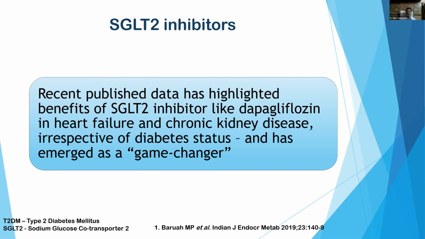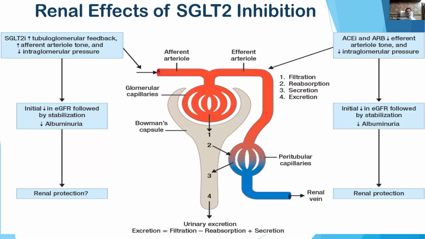So for the renal effects, if you look at these two particular molecules which you use in CKD, whether it's ACE inhibitor or ARB, or the SGLT2 inhibitor, both of them, through different mechanisms, one through the afferent arteriole and the other through the efferent arteriole, ultimately reduce albuminuria and cause renal protection.